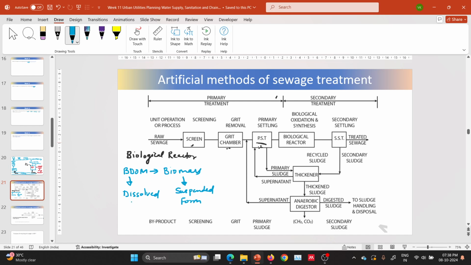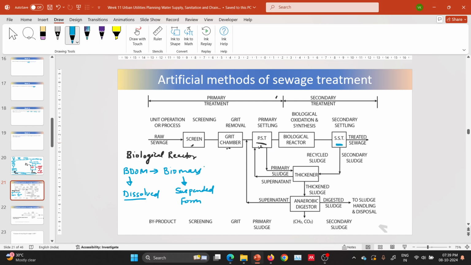So the advantage is the pollutant, let's say this is the pollutant that was in dissolved form, is now converted to the suspended form, which can be settled in the secondary settling tank or secondary sedimentation tank.